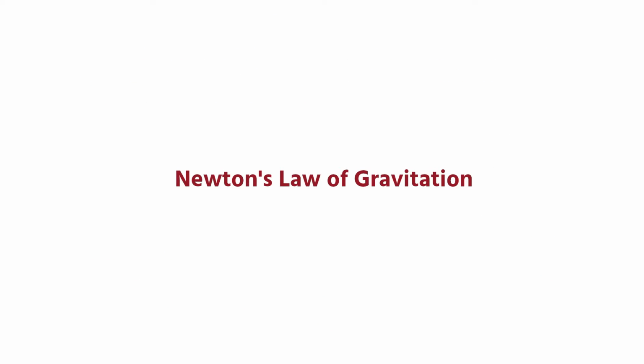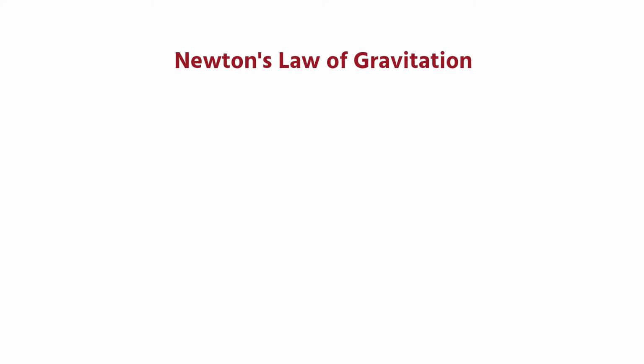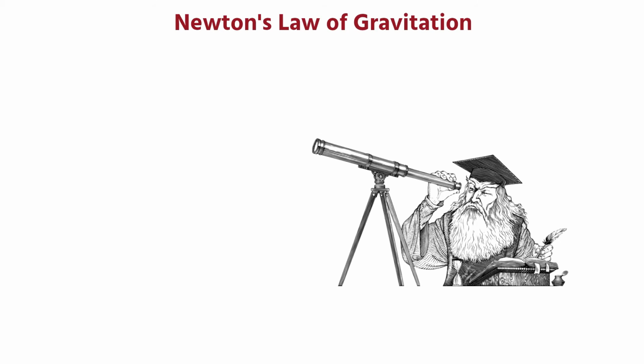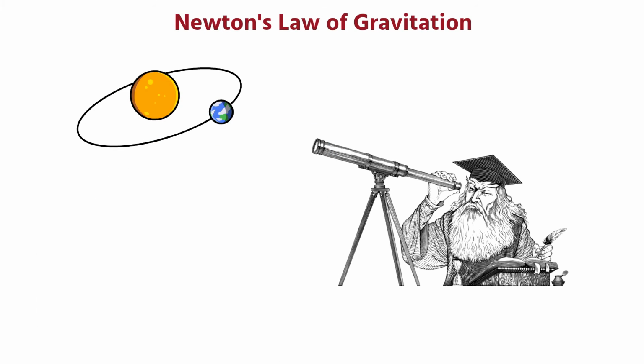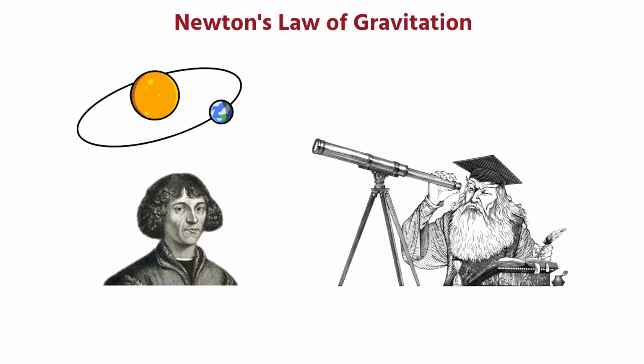Newton's law of gravitation. Since ancient times, scientists have always been curious about planets, stars, and their motions. Nicholas Copernicus was the first to say that the Sun is stationary and the Earth revolves around the Sun.